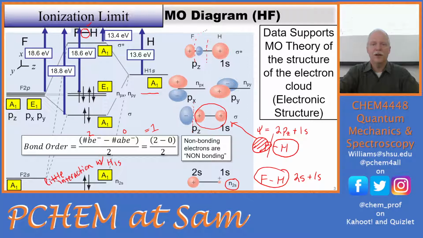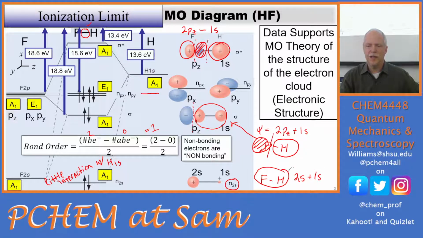And then up here, if you drew essentially this picture where you've got that pz orbital on the fluorine and you shade one of them, and then you draw the 1s on the hydrogen. We have the 2 nodes, and then that would be the 2pz minus the 1s.